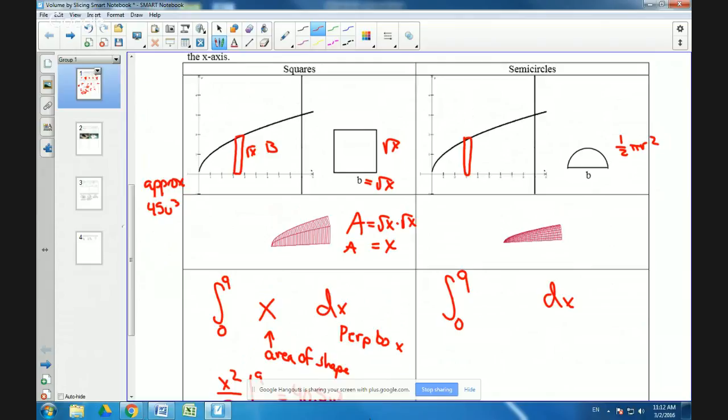What is the radius? B over 2. But what is B in this case? It's the root of x. Right? So we have 1/2 pi times B over 2 squared. And you have to plug that in for B. So that is the area with square root of x as your base.